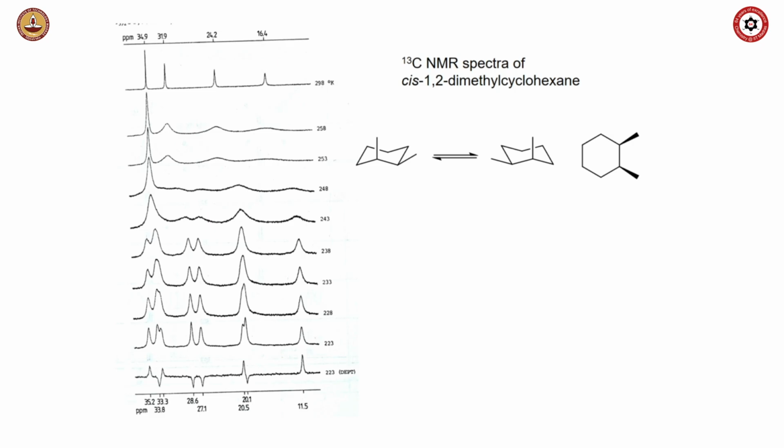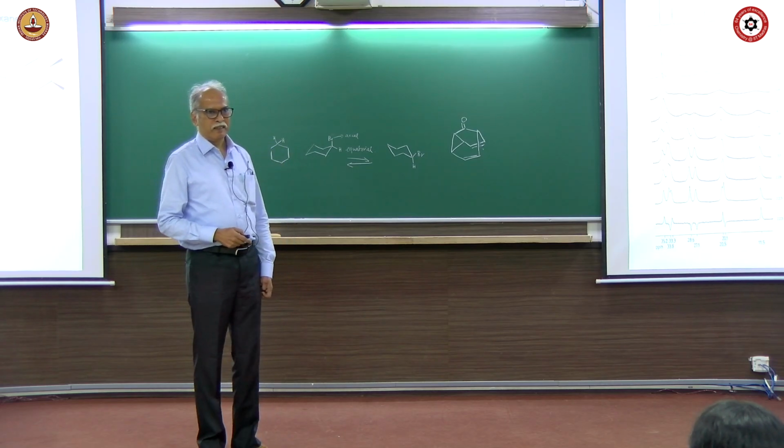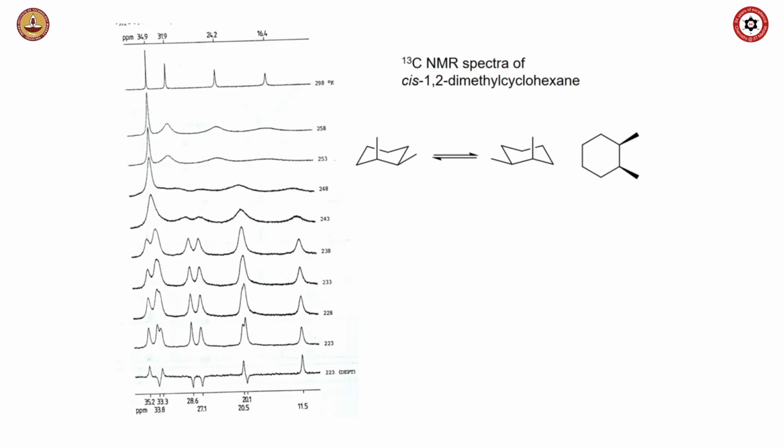This has a plane of symmetry, remember. So anything above is the same as anything below in terms of chemical shift value. 4 peaks you will see, right? 1, 2, 3, 4. 4 peaks are seen there. And in between, of course, you have the uncertainty principle operating, and you have the broadening, the coalescence temperature, everything comes into the picture.